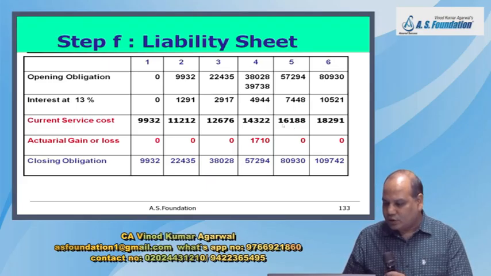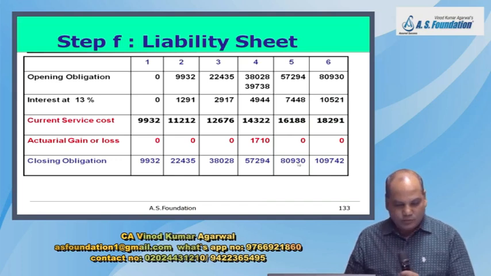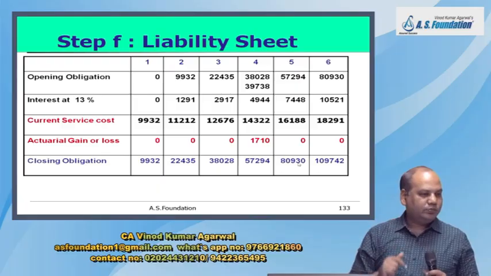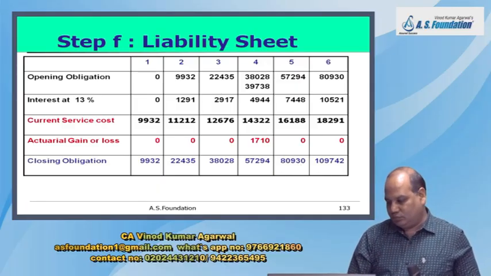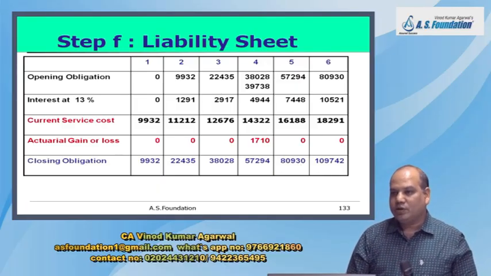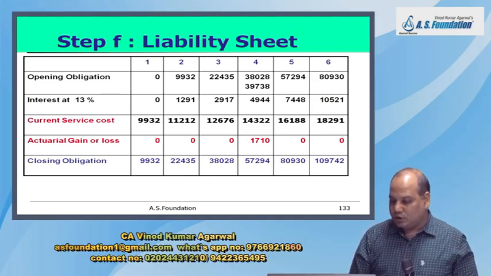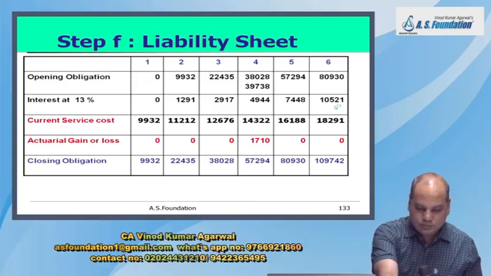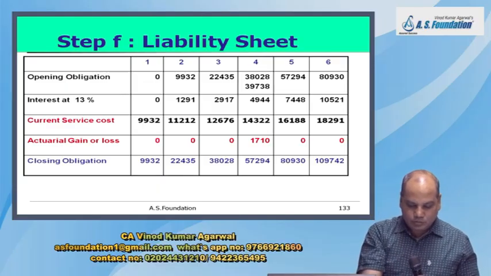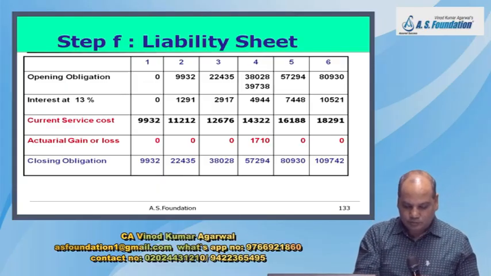Current service cost we have already got, 16188. Total 80930. 80930 into 13%: 10521.